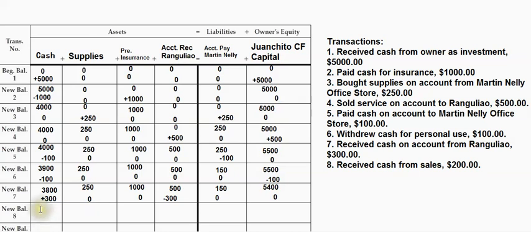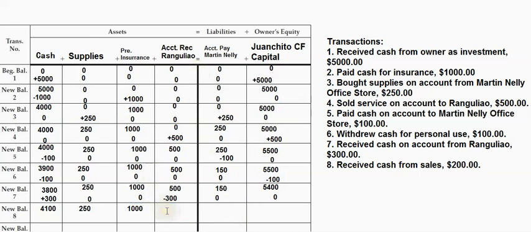Now your cash increases definitely, hooray! So the new balance is 4,100 bucks. Supply is still 250. Okay, and prepaid insurance remains the same, 1,000 bucks, doesn't change.